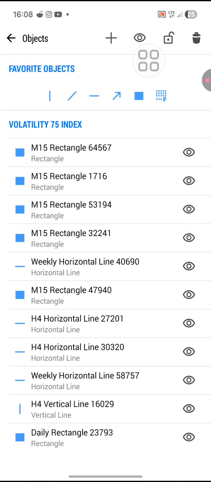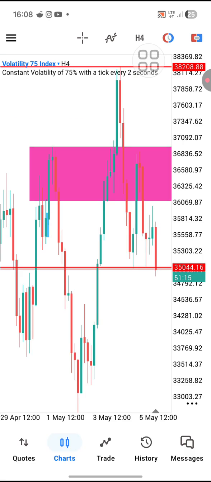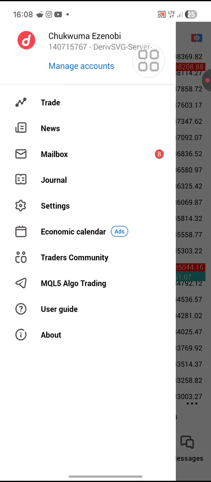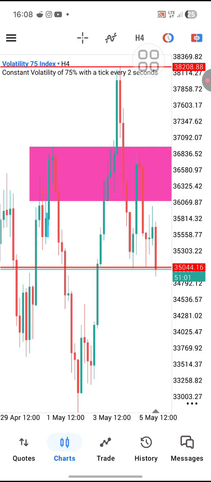I'll show you that one in TradingView. Okay, I want to show you risk to reward.